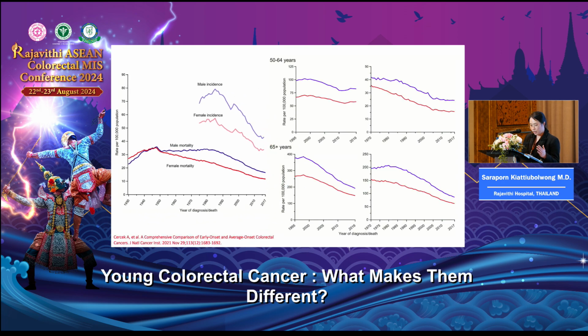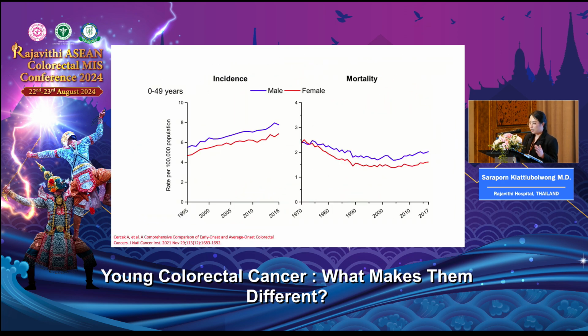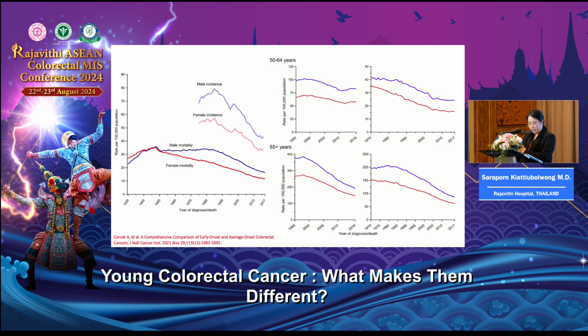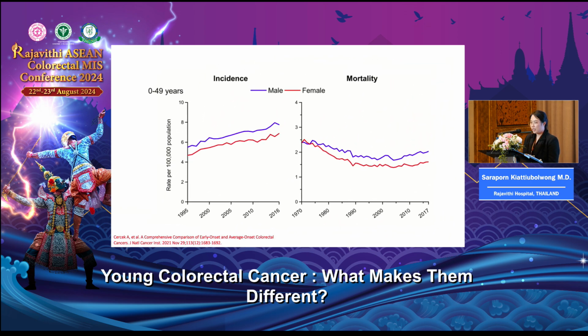But the data on the right side of the screen highlights the decline in incidence of average onset colorectal cancer. If you look at another group, younger than 50, you will see the incidence is increasing, as is the mortality rate.